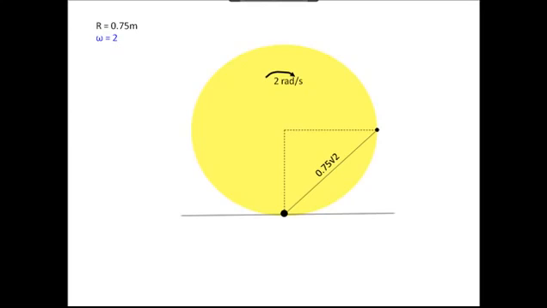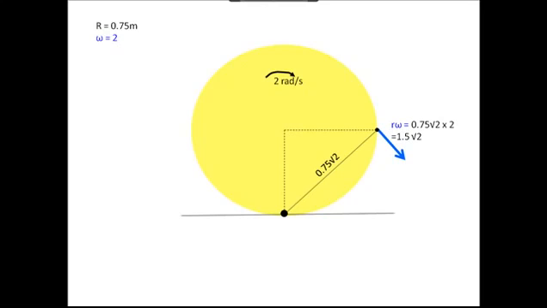Now the velocity of the point on the circumference will be the velocity of the reference point, which is zero velocity because it's an instantaneous center, plus r omega. So r omega is in this case 0.75 root 2 times omega, which is 2.